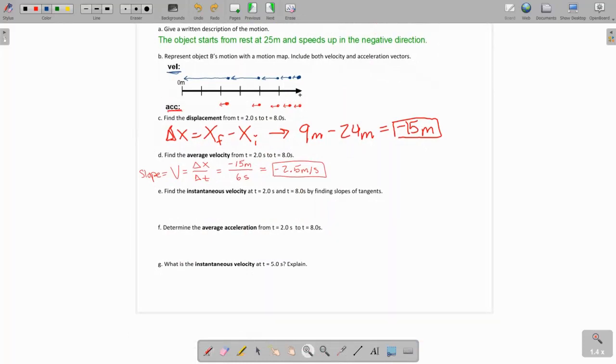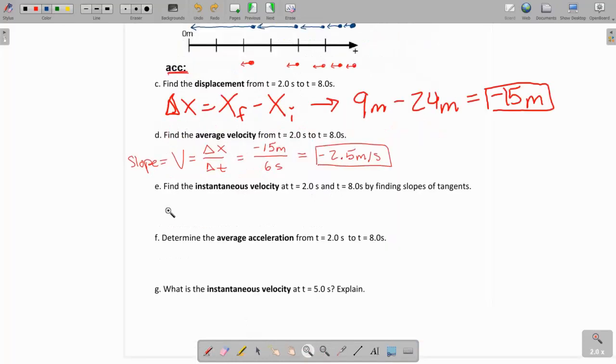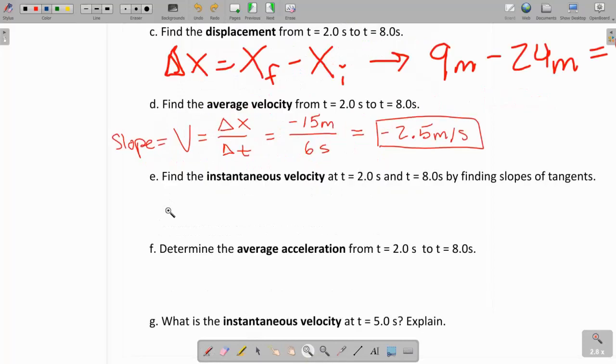To find the instantaneous velocity at 2 seconds, we are going to find the average velocity between 0 and 4 seconds. So the instantaneous velocity at 2 seconds is equal to the average velocity from 0 to 4 seconds.